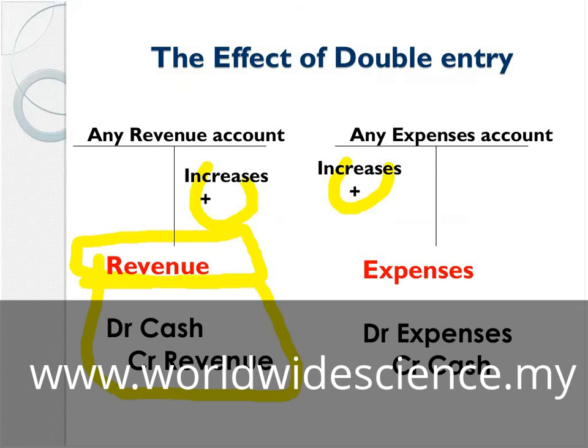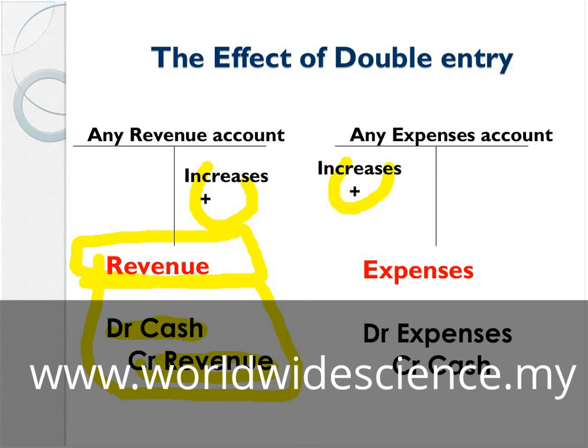We show it in the debit side, and in the credit side, we show the revenue itself, that the revenue has increased. What about the expenses? The expenses always increase on the debit side, right?